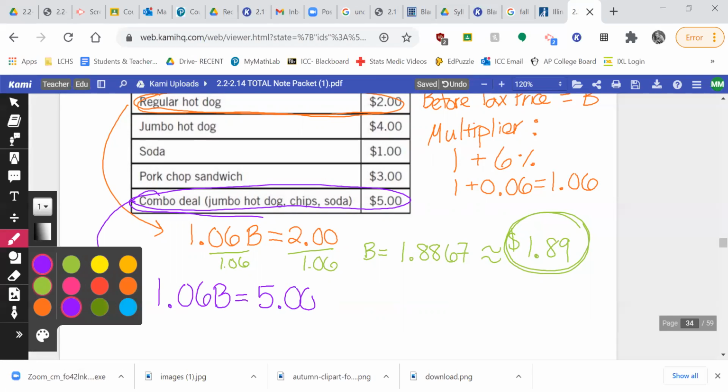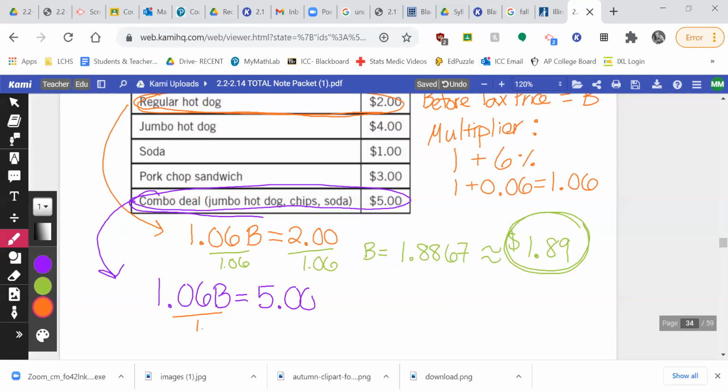So for this one, you're just going to divide by 1.06 on both sides. And you get 4.716, which would round to $4.72.